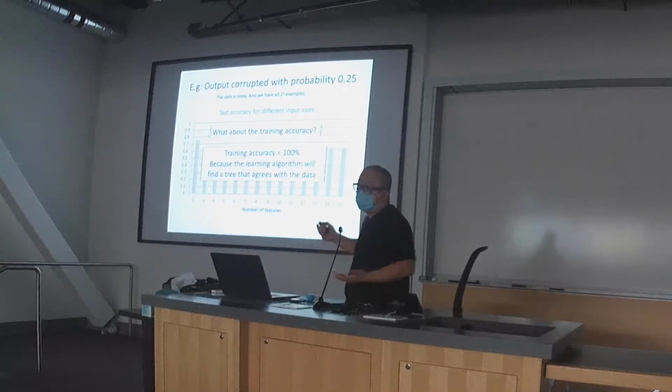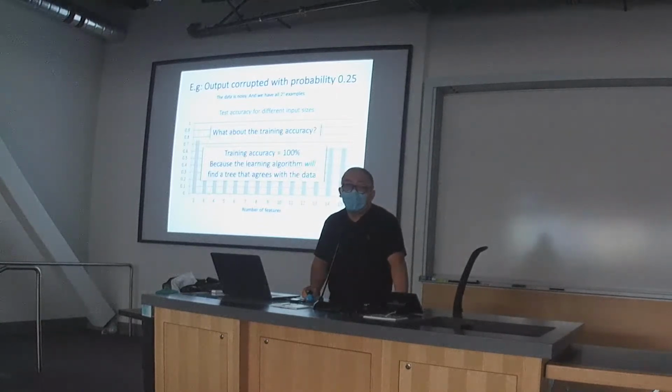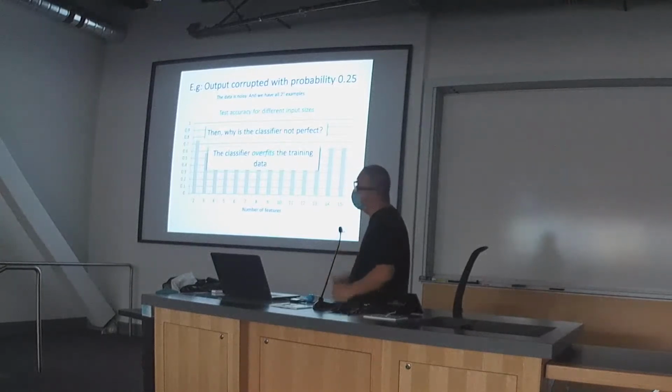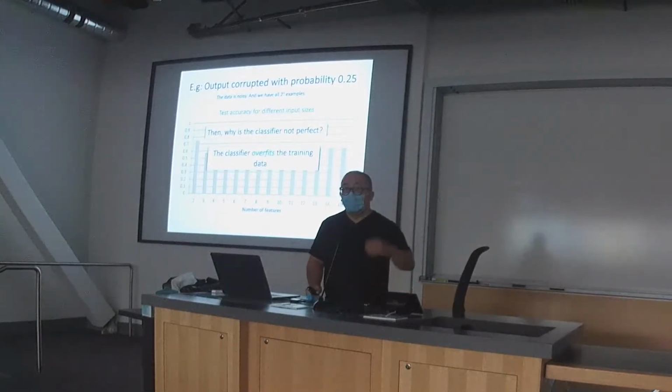We know that training accuracy, no matter what kind of noises you have, is still 100% accurate. So why is the classifier not perfect? Because the classifier overfits the training data. No matter what kind of noises are injected in the training data, the classifier will do its best to fit the data, including those noises. And those noises mislead the classifier and lead to degraded performance in the test stage.